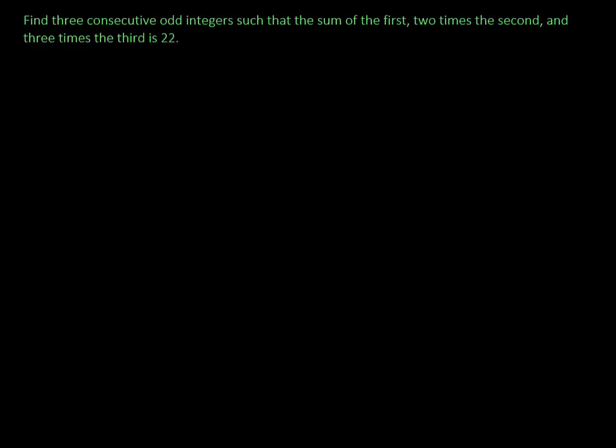All right, so we just said that if we have 3 consecutive odd integers, let those be x, x plus 2, and x plus 4. In our question, it says the sum of, that means we are going to be adding these numbers.